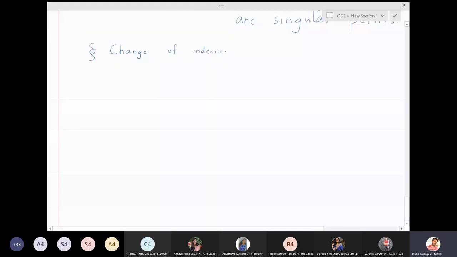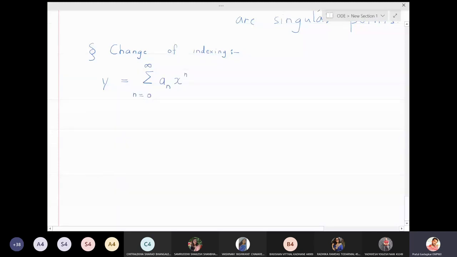Suppose I take y equal to summation a_n x raised to n, n goes from 0 to infinity.